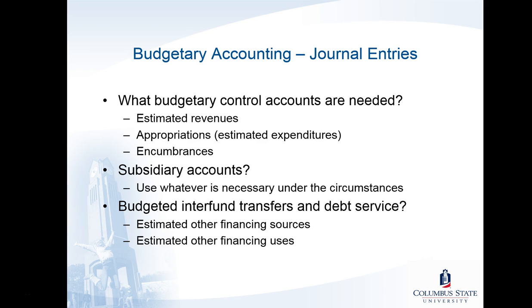In the governmental accounting area, you're going to get an encumbrance report that's going to show you what funds are encumbered and which funds are not encumbered. Very important control mechanism. As far as subsidiary accounts and budgeting, we use whatever is necessary under the circumstances. And you can also have interfund transfers and debt service. This is part of your estimating other financing sources and estimated other financing uses.